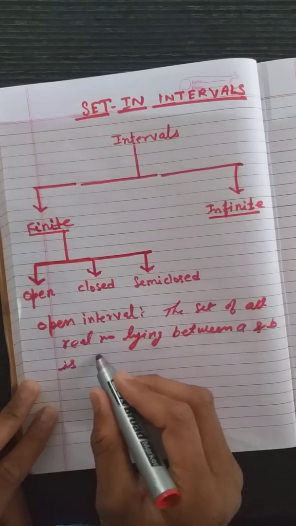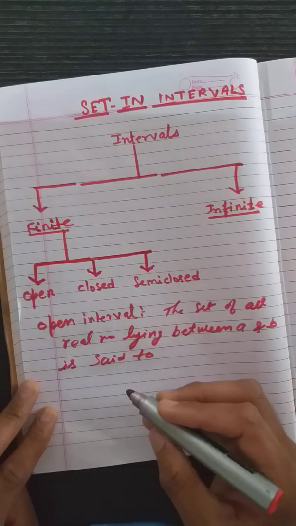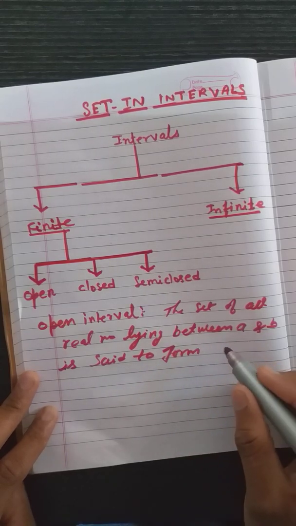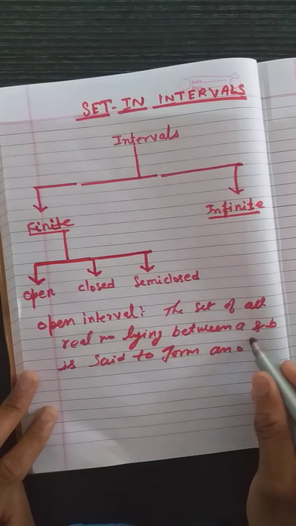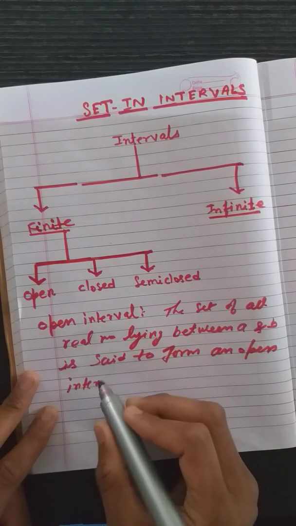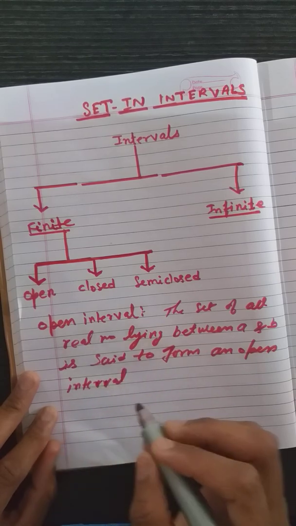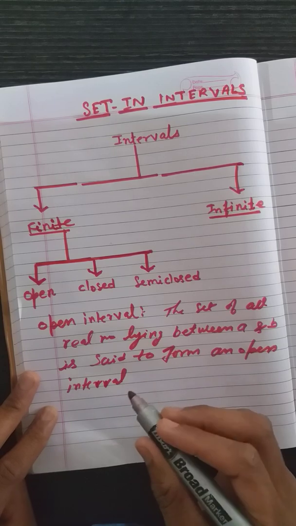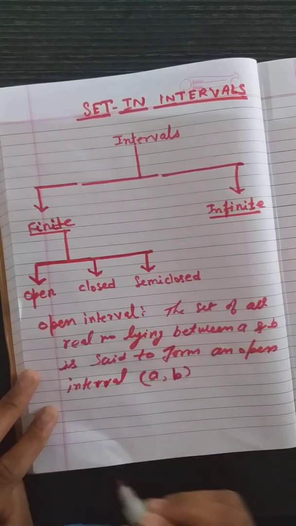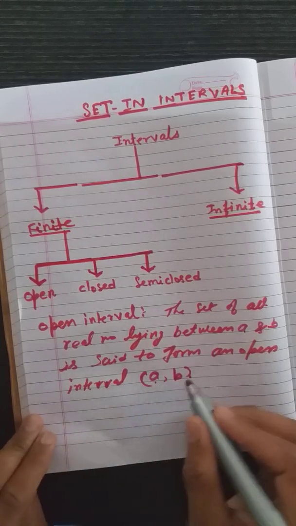Inside this small bracket you write A comma B. This is the symbol of open interval.